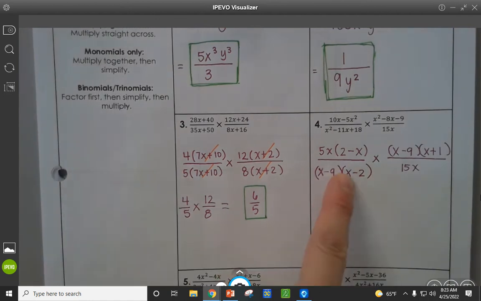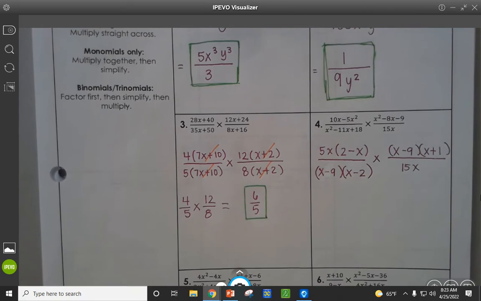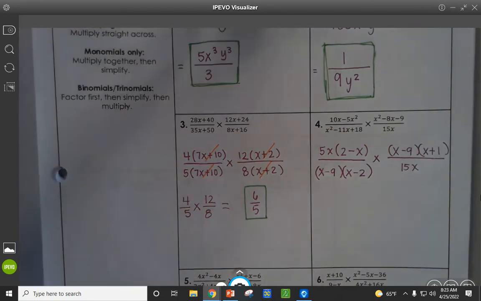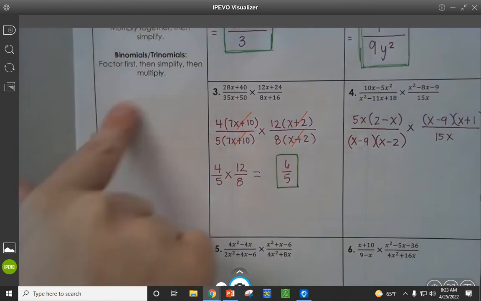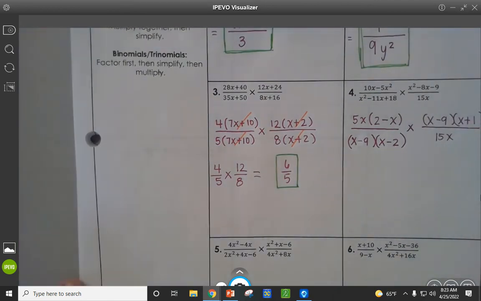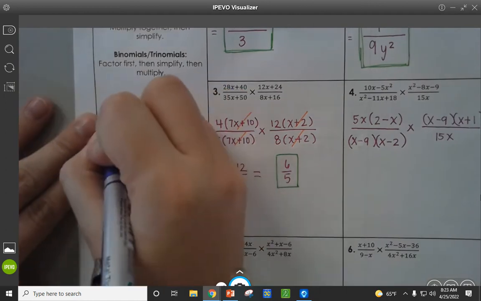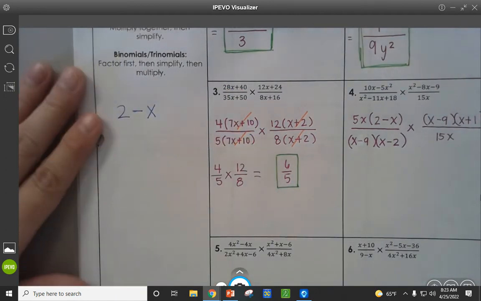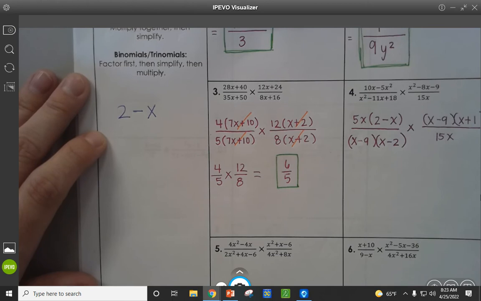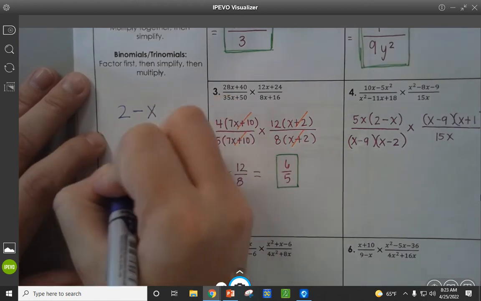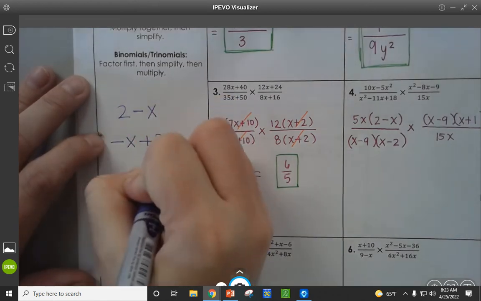Is 2 minus x the same thing as x minus 2? They're not the same thing, so you can't just cancel those out. However, I'm going to show you how we can manipulate that a little bit. So over here, if I have 2 minus x, this is the same thing as negative x plus 2, right?